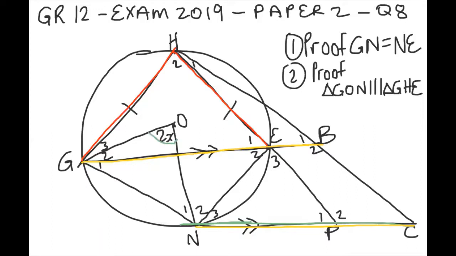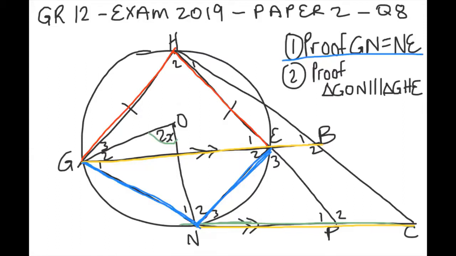So where's GN? GN is this over here, equals NE. So the two blue lines we have to prove must be equal to each other. My approach usually is to start from the question, to prove that two lines, the blue lines, are equal to each other, and see what we can prove.